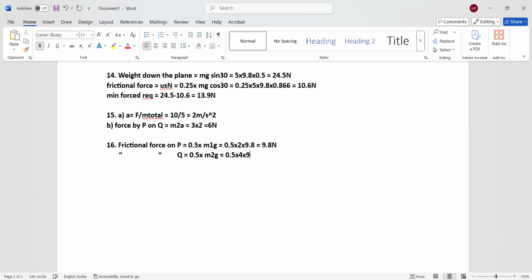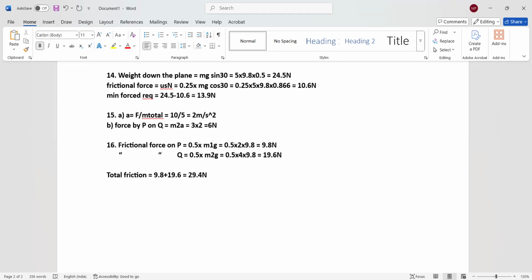This is equal to 19.6 Newton. Now total friction. Total friction is equal to 9.8 plus 19.6, which is equal to 29.4 Newton. So there is a downward force due to mass.